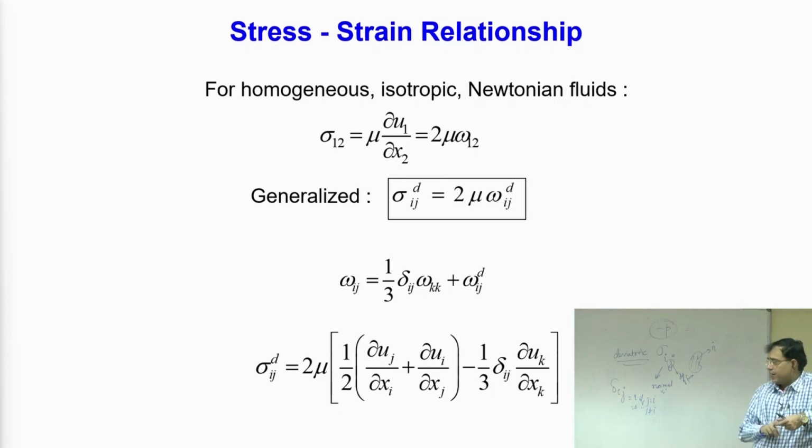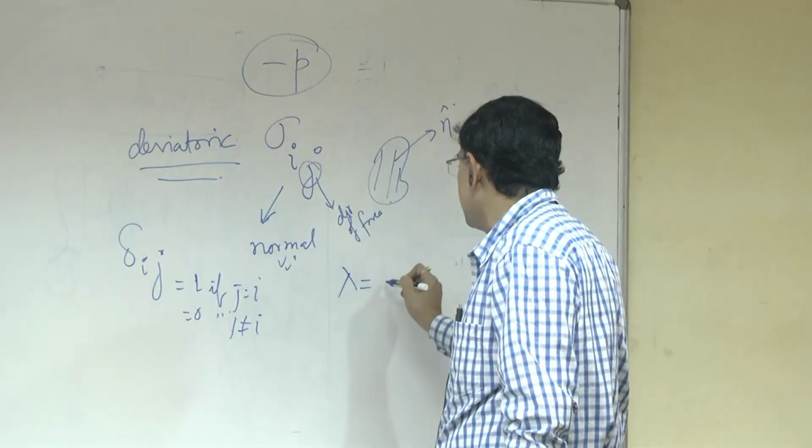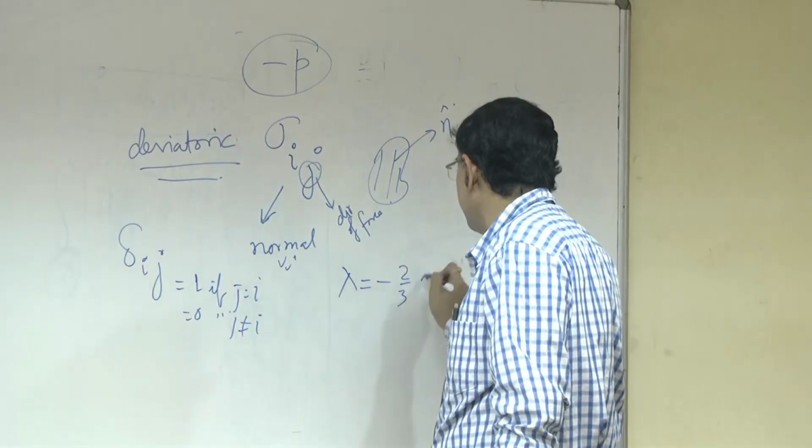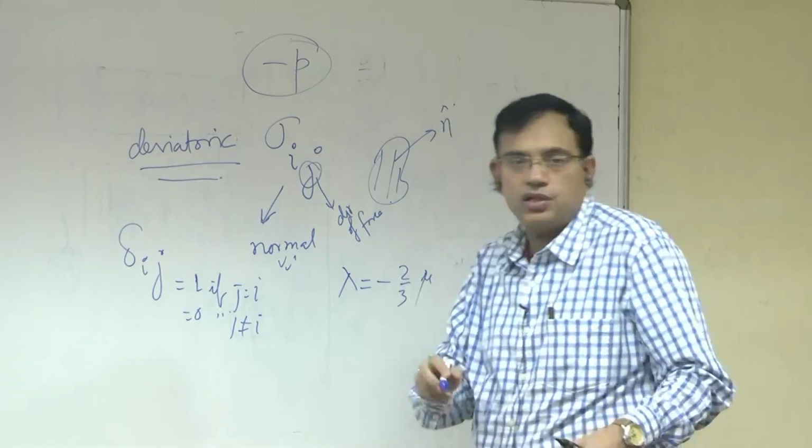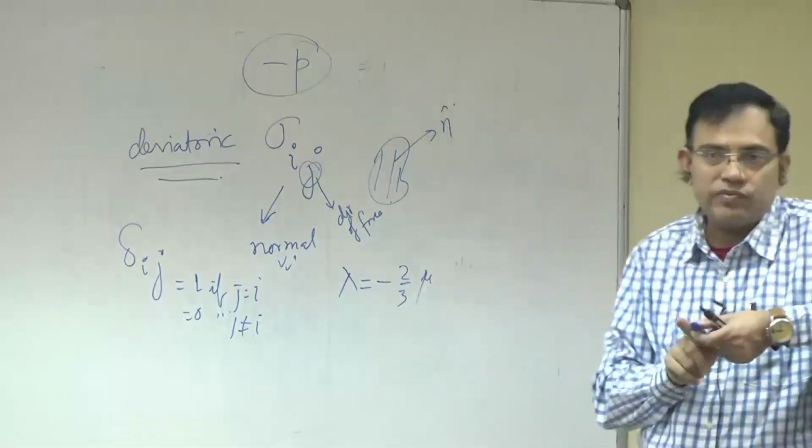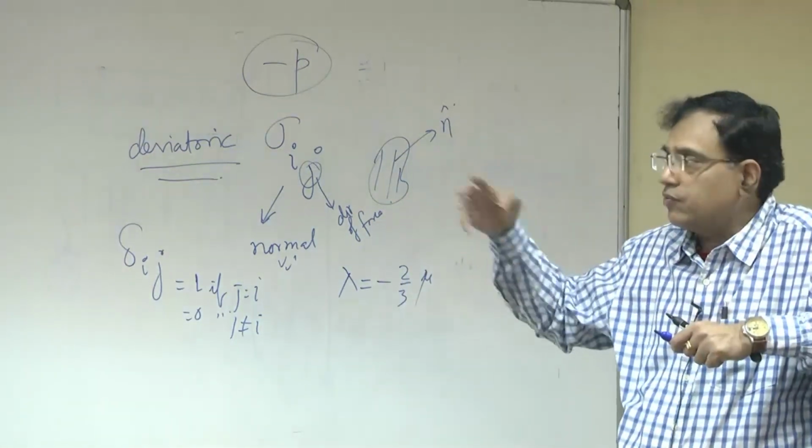That minus 1/3 comes from the fact that there is a volumetric deformation coefficient, just like viscosity, another property of the material, and that and mu are related. In that way the volumetric deformation coefficient lambda is equal to minus 2/3 mu. This whole derivation you can see in the derivation of the Navier-Stokes equation in any of the full lectures.